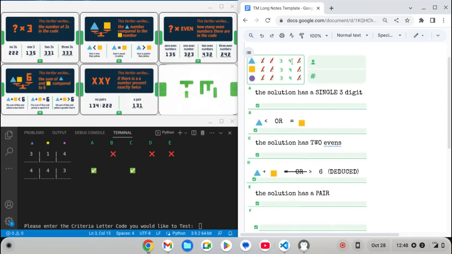Well, maybe triangle. Can it be four? Yeah, it can be four because of the equals. I don't think we can cross out anything because triangle could be four and square could be four, forcing circle to be three.